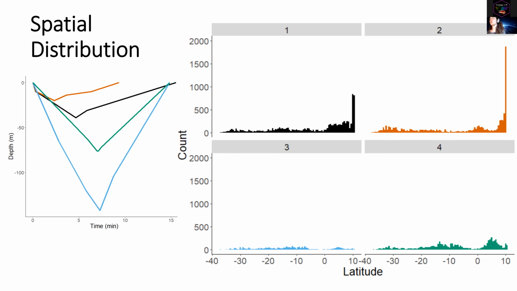We also expect to see some of these shallow dives occurring with the migration phase. As they're migrating, they're generally having more traveling dives, and they have a few of those really deep dives, but mostly the deeper dives are occurring in the foraging phase. And then there's a little bit of a spike of the green, the V-shaped dives, and the blue-shaped dives around the mid-latitudes, as well as towards the lower latitudes.